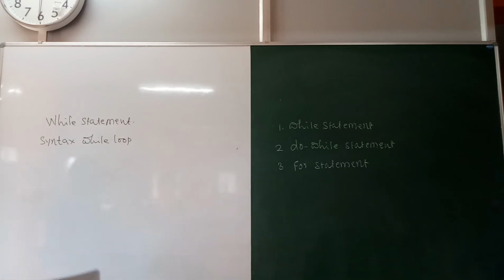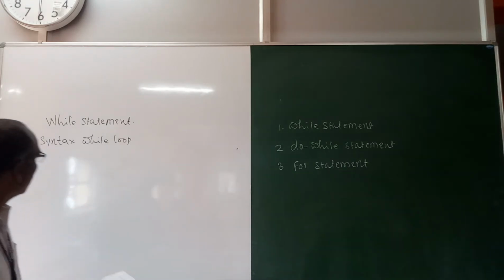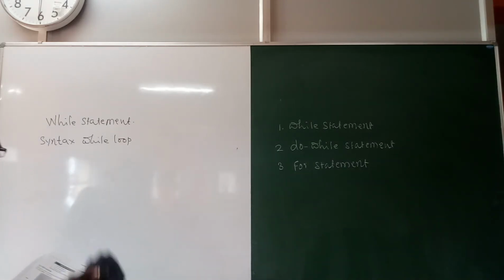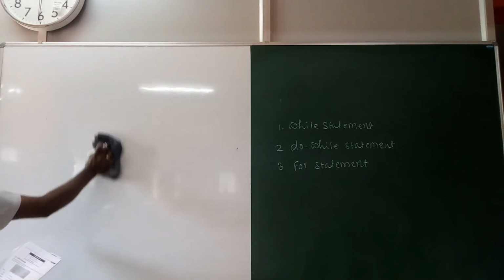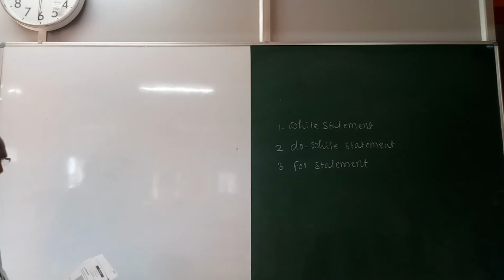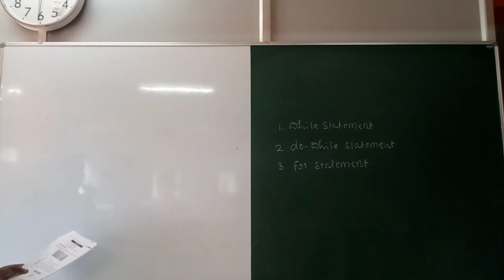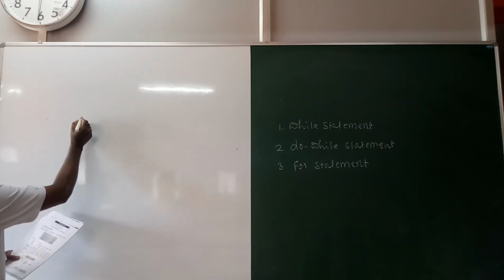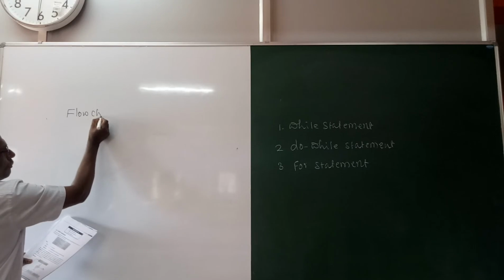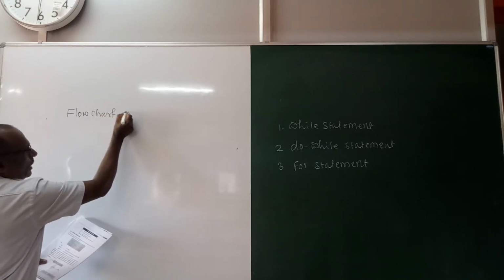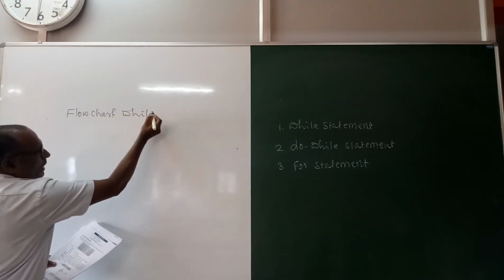The flowchart of this while statement, how it runs, we'll come to know how it executes this loop called the while loop or while statement. We have here the flowchart for this. Flowchart for while statement, while loop.